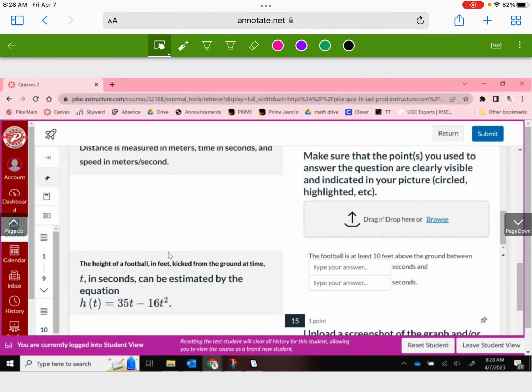It's the next one on the page, just after the speed question. It's a football question, the height of a football. It's doing all of page 105 and asking you to show your work and/or show a graph on how you figured it out.